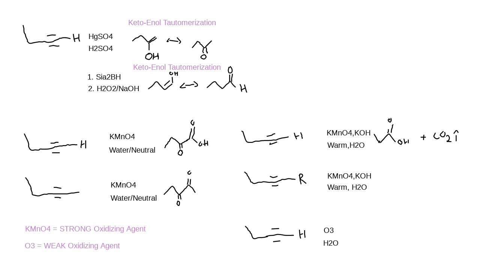Let me double check. So it's going to be slightly different. Almost done. So CO2, just for reference, so you guys know what it looks like. It looks like this.